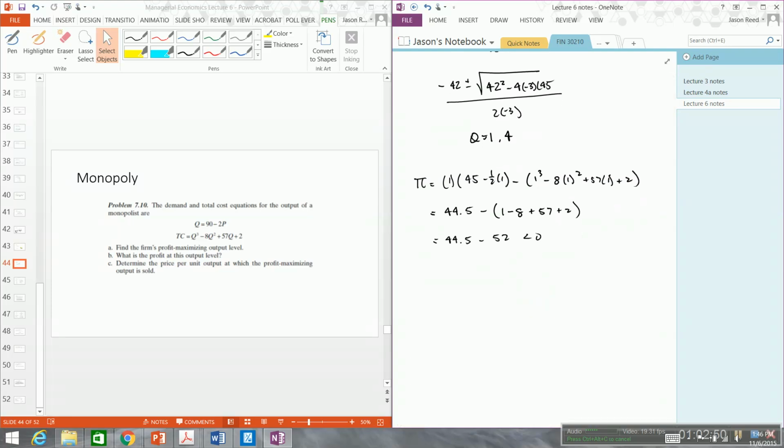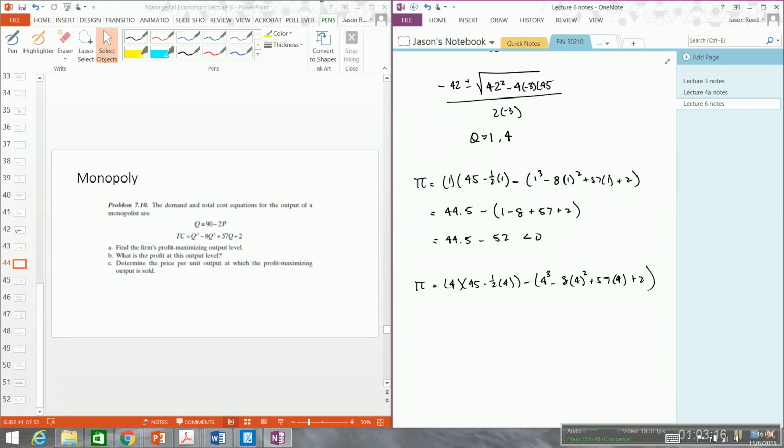So now let's plug in 4. 4 times 45 minus 1/2 times 4 minus 4 cubed minus 8 times 4 squared plus 57 times 4 plus 2. So now we have some work to do here.